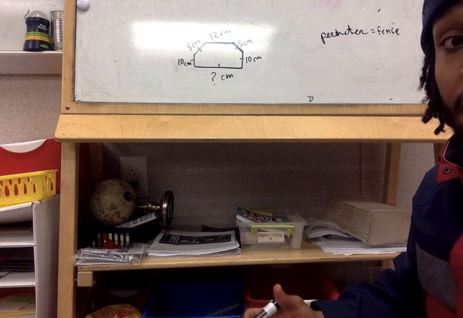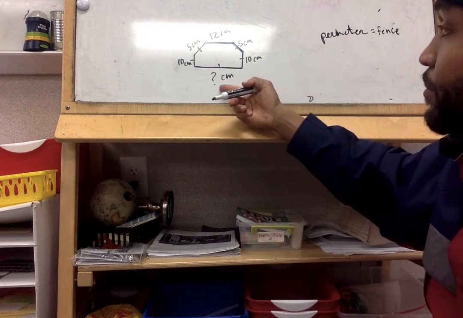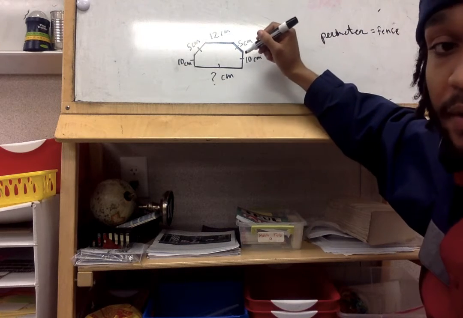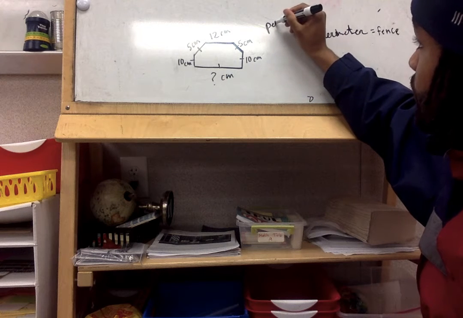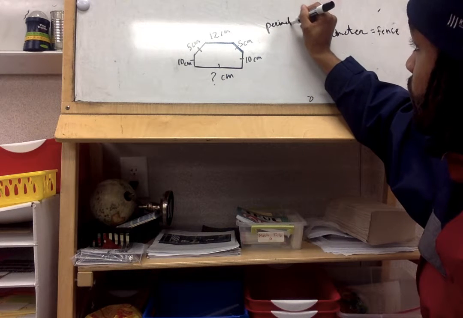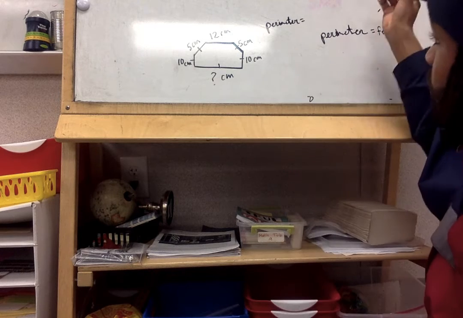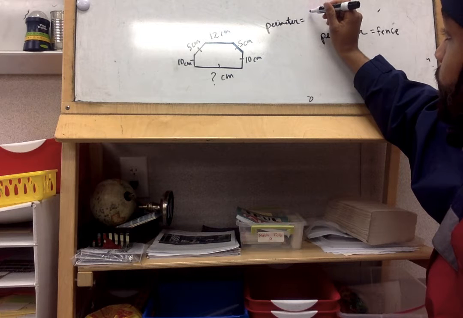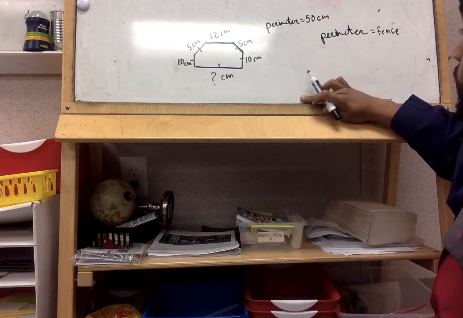Now, to find the perimeter, you have to add up all the sides. But we don't know this side. Alright? When your children see a problem like this, the perimeter will already be included. So let's say the perimeter is 50 centimeters.